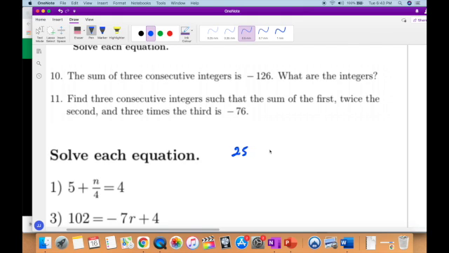Like 25, 26, 27. Them is consecutive numbers, eh? Yes, sir. Alright, 100, 101, 102, 103. Them is consecutive numbers, eh? Yes, sir. What do you notice about consecutive numbers?